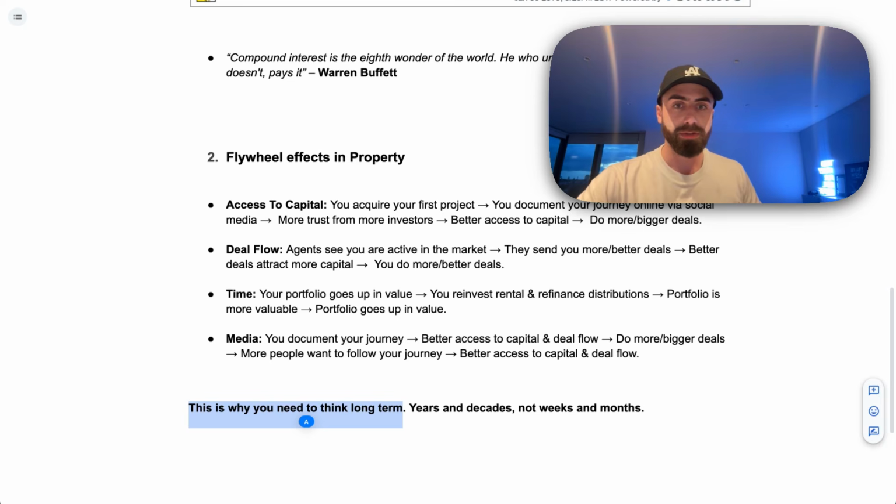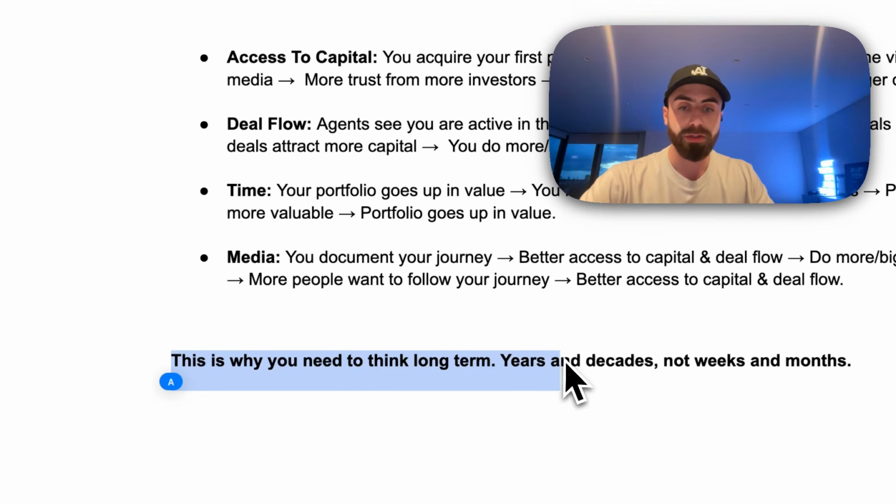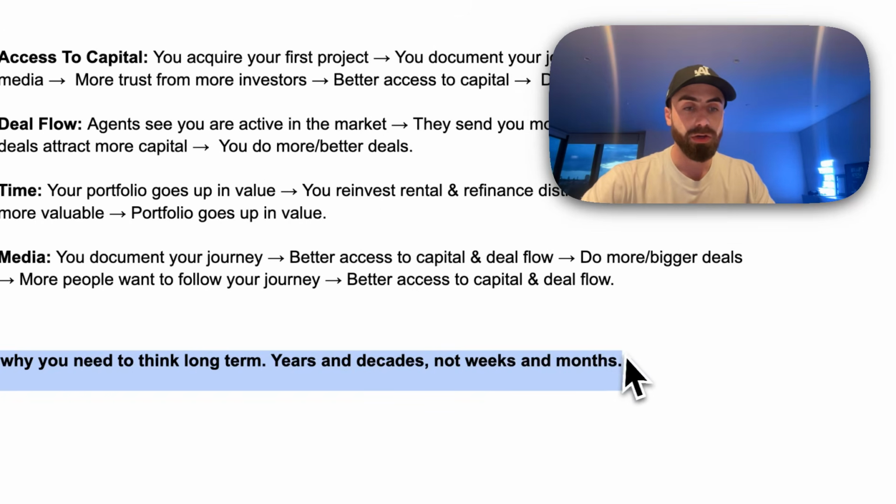Because £1 today is not going to be worth what £1 is worth in the future. So combine that with then also property prices going up, with rents going up that you can then reinvest, compound growth. So this is why you need to think long term. Think in terms of years and decades, not weeks and months.